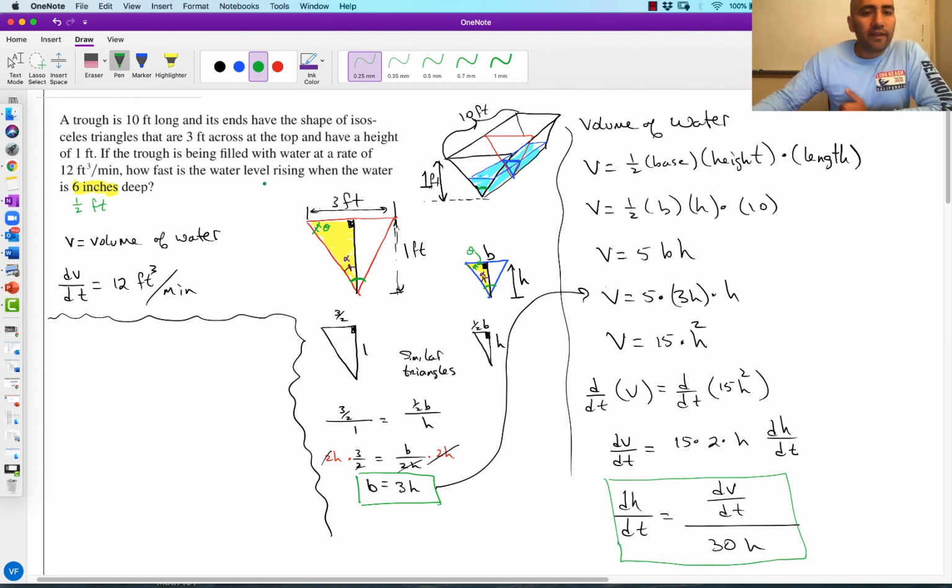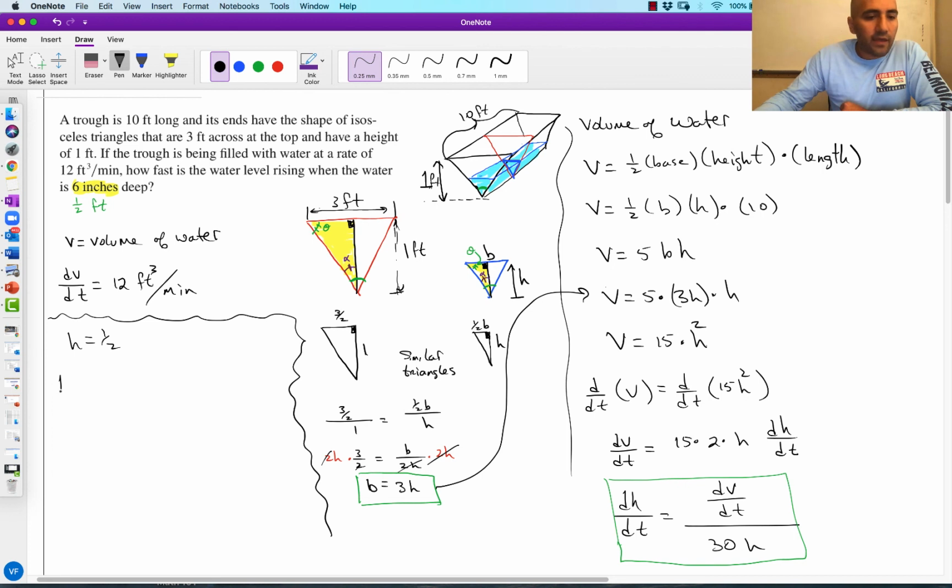Find how fast the water level is rising. So that's the rate of the height of the water line, right? That's the h. Find dh/dt. So now we can say that this is when dV/dt is equal to 12 and h is equal to 1/2.